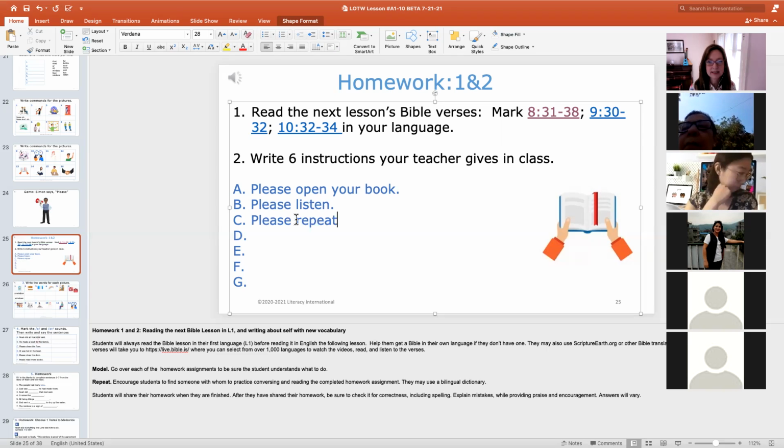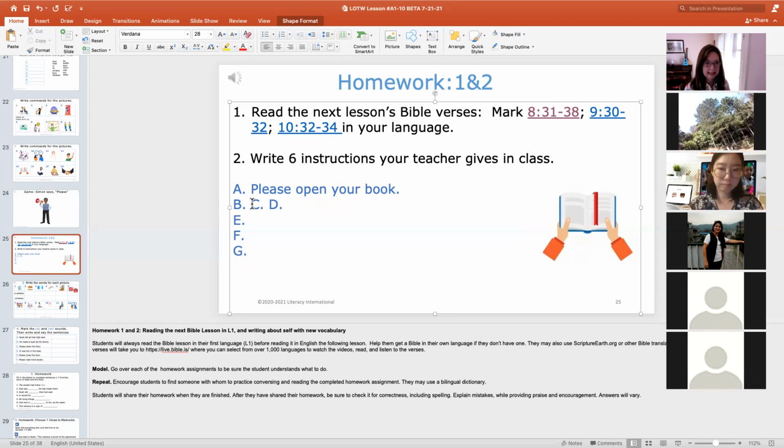They don't have to do these exact ones, but this reinforces the vocabulary that they've been learning, and also gives them an opportunity to practice writing it. Okay, so that's homework 1 and 2. 1 is always read the Bible story. 2 is writing some sentences.